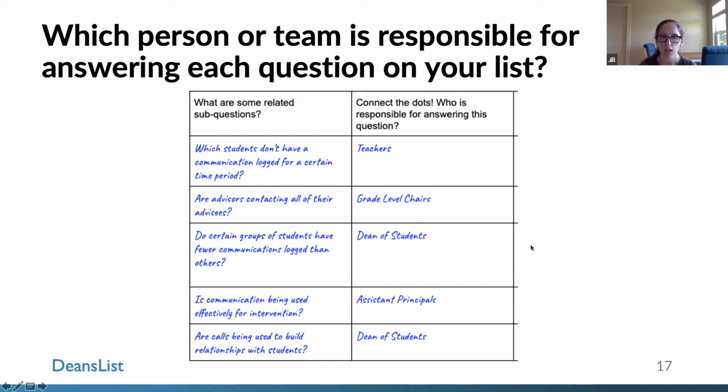So we have teachers looking at student level data, grade level chairs looking at student level and sort of advisory group level. And then when we're getting to those questions that may lead to larger school initiatives, we're seeing the Dean of Students and the assistant principals really kind of diving into those questions.